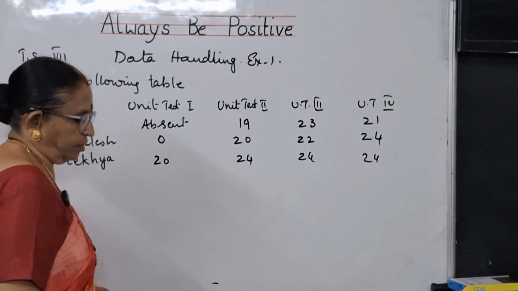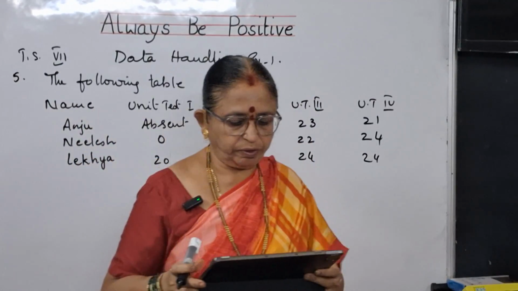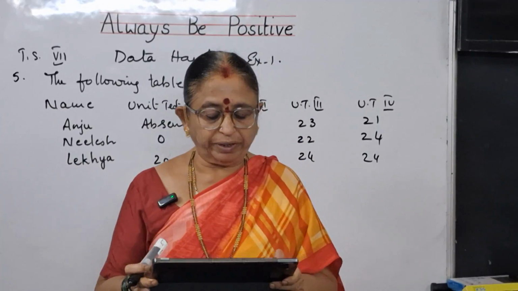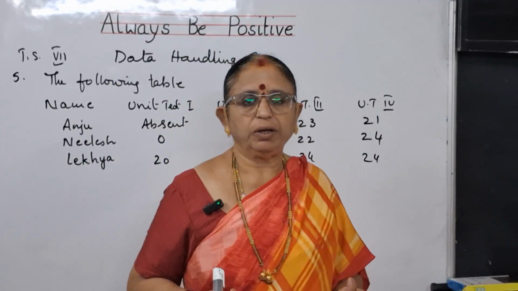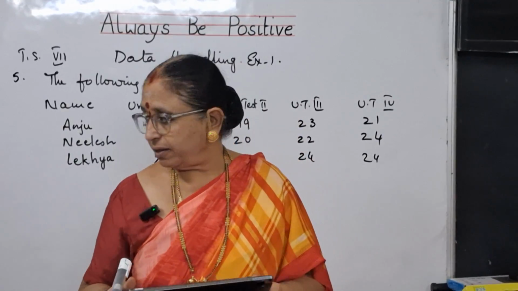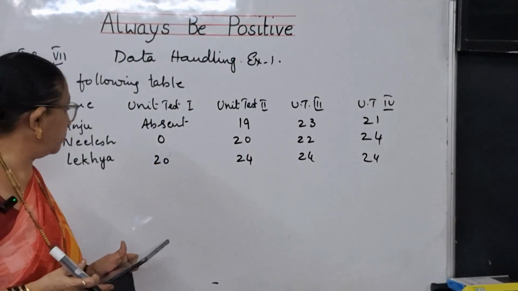So the question is, the following table shows the marks scored by Anju, Neelesh, Lekhya in 4 tests of English. So a test in English is taken. So the marks are there on the board. You can see these are the marks.